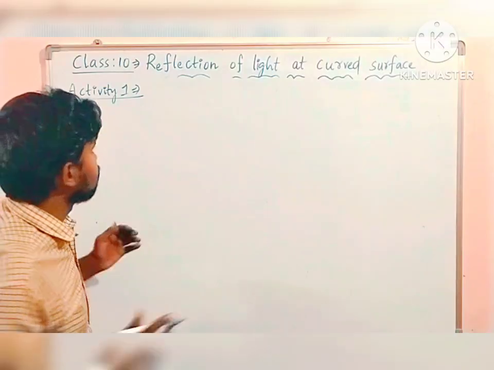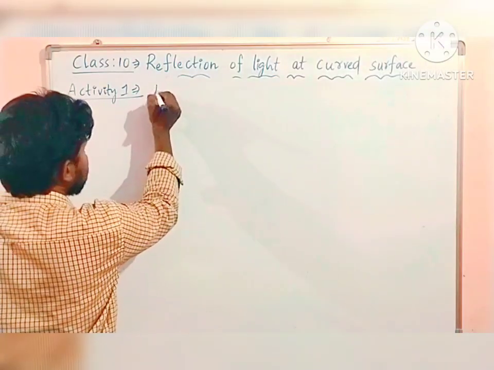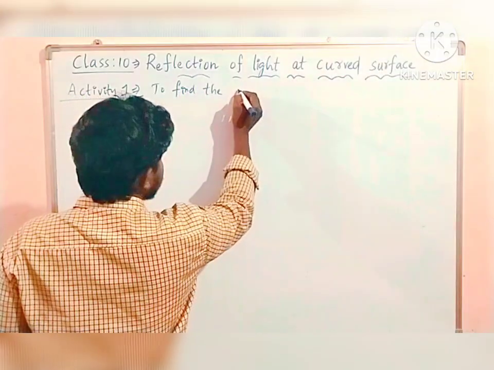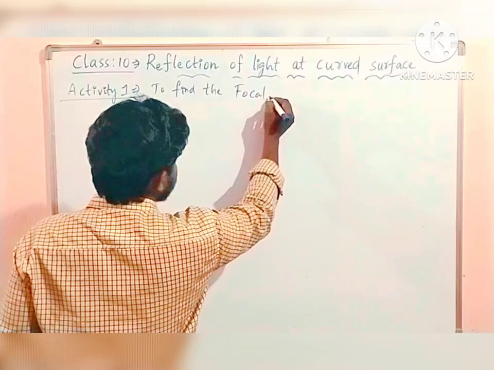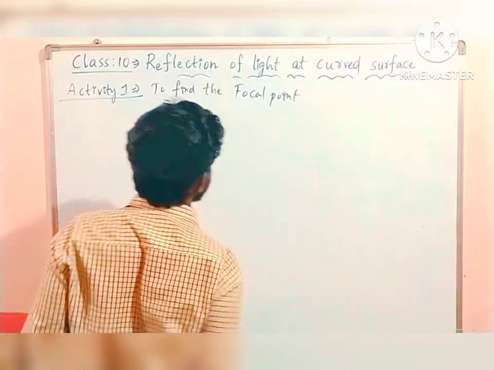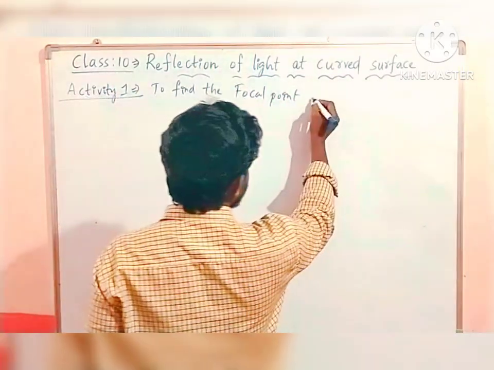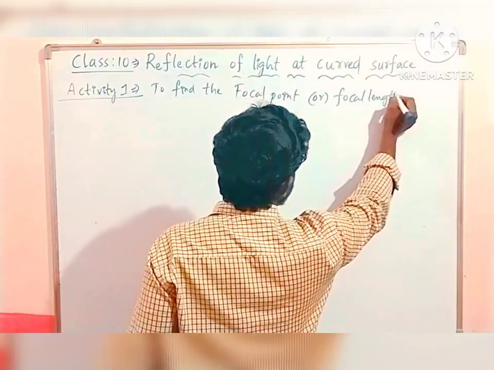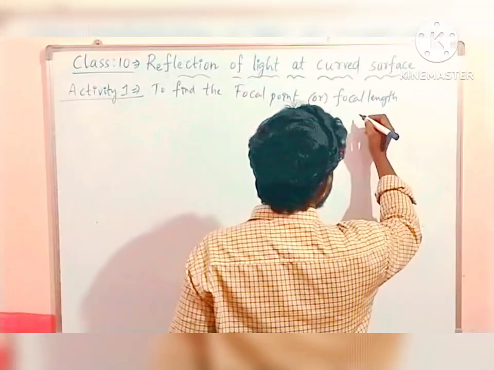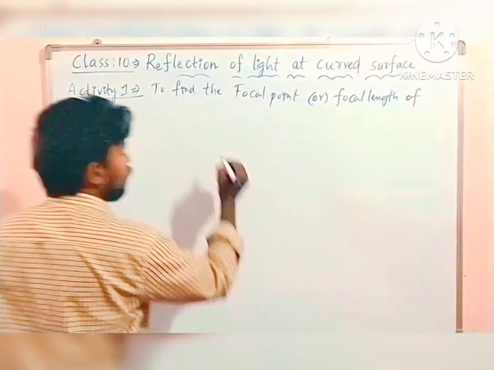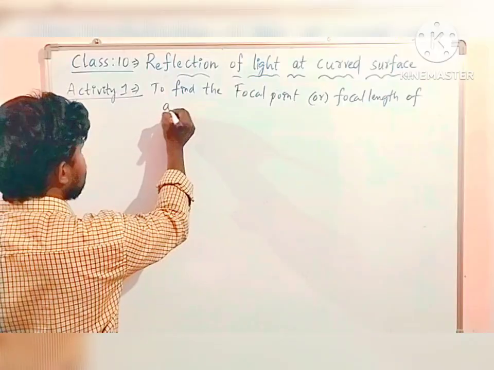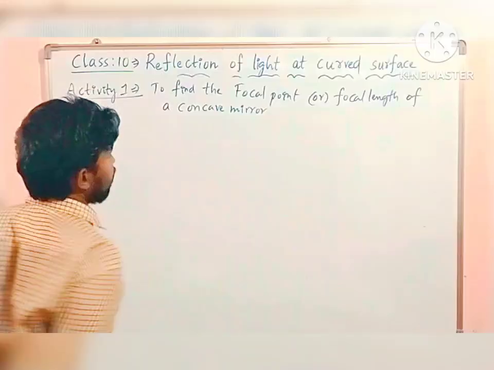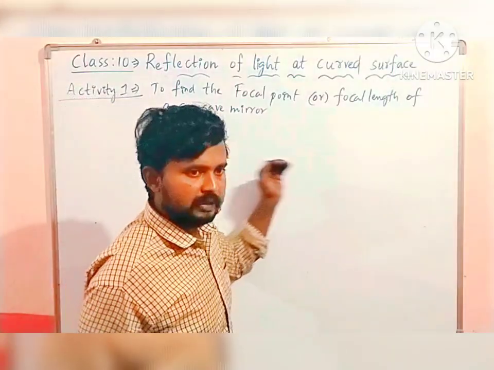What does activity 1 mean? Conduct an experiment to find the focal point or focal length of a concave mirror.